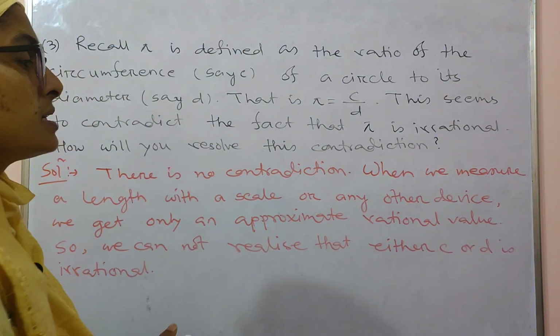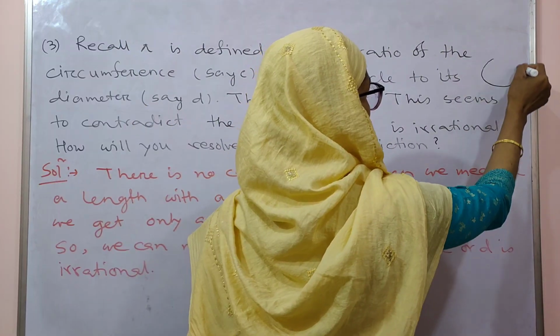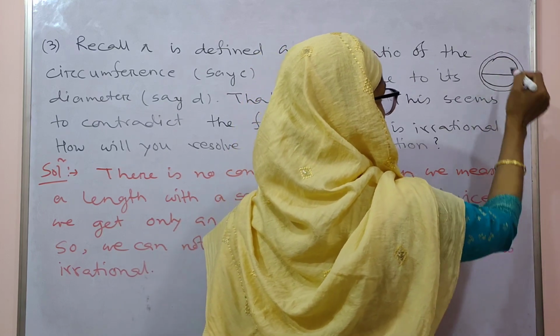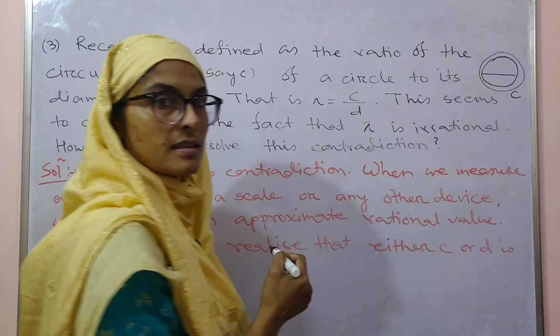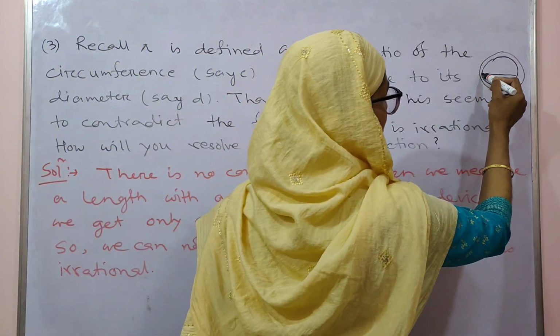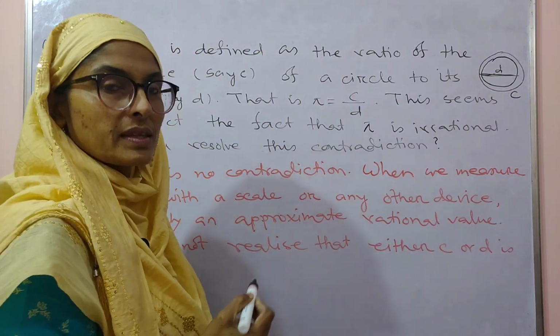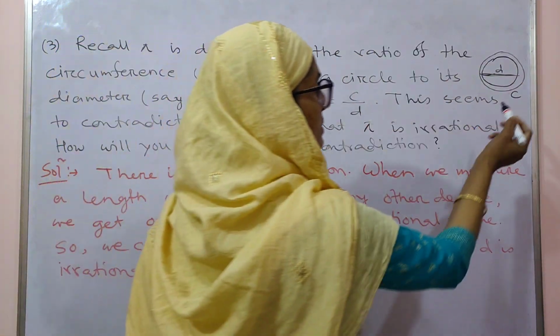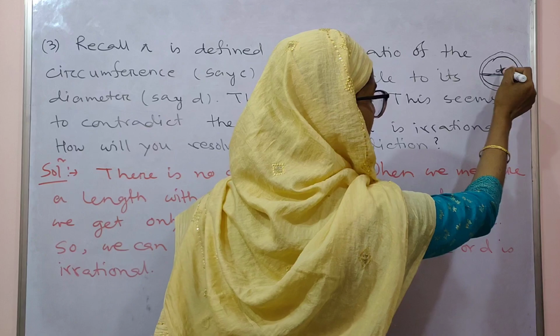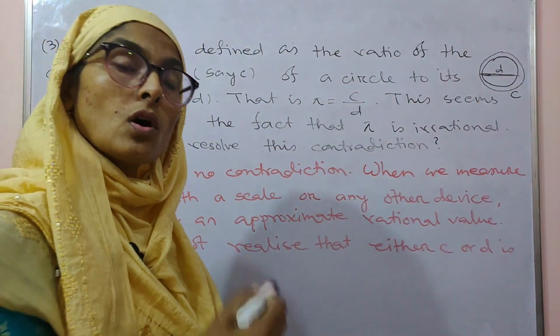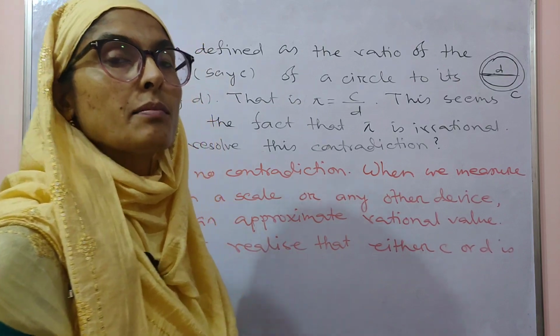Say this is a circle, and the whole boundary is called the circumference, say C, and this part is simply D, the diameter. If you divide circumference by D, you will get non-terminating, non-recurring numbers.